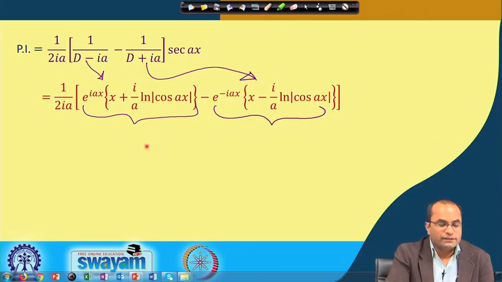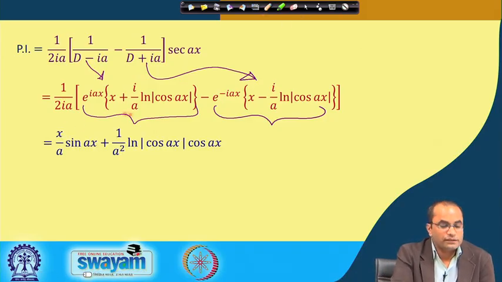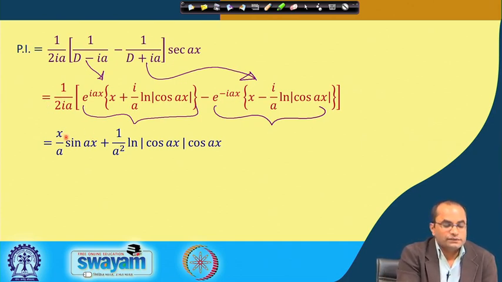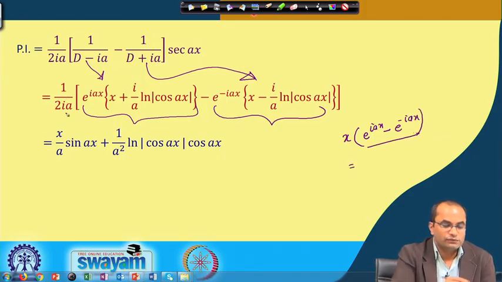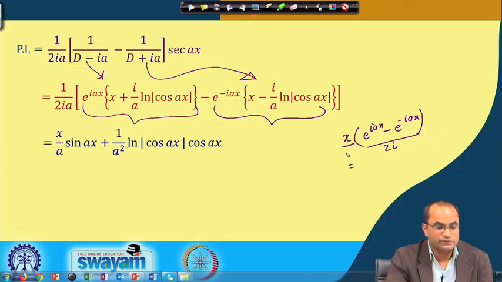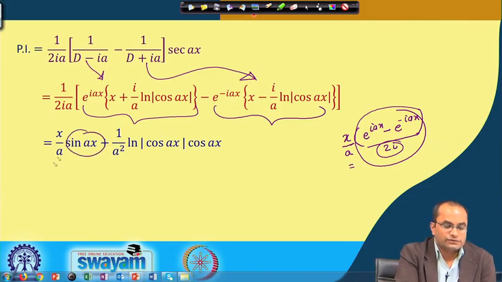Now, we can just simplify this. So, this will be the x here, also x here. So, e power iax minus e power minus iax divided by 2i will give the sin ax, and then we have x over a here. So, for the first term, x common, and then e power iax and e power minus iax, and when we divide by 2i, which was there already, this will give the sin ax term with x over a.